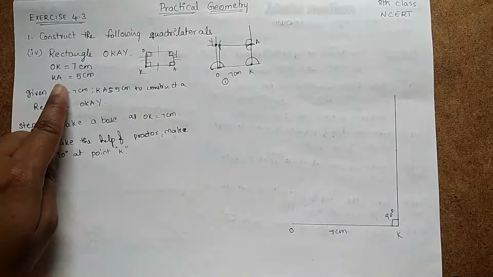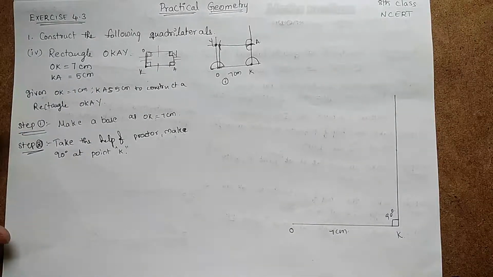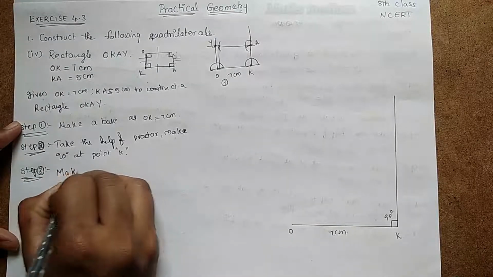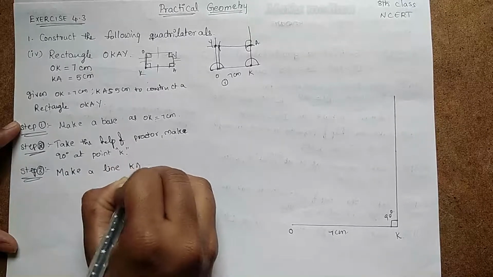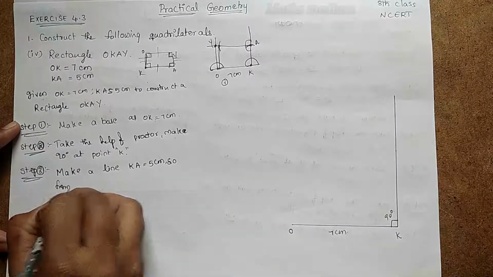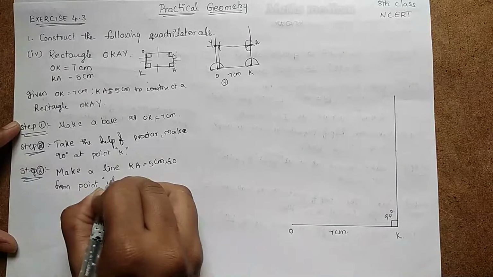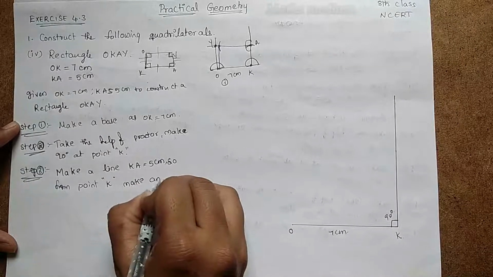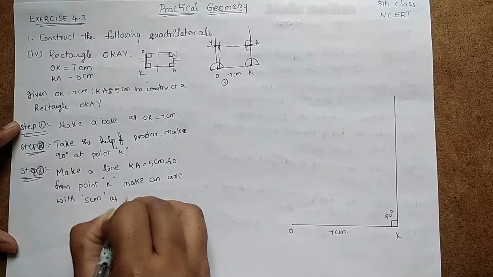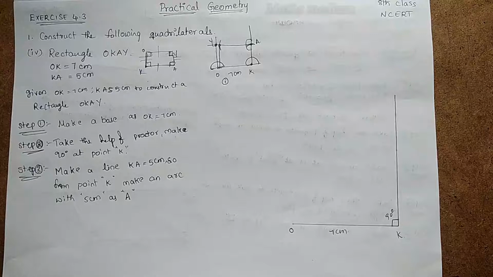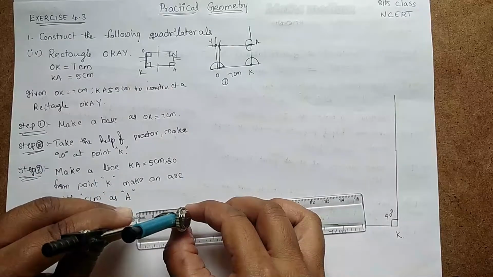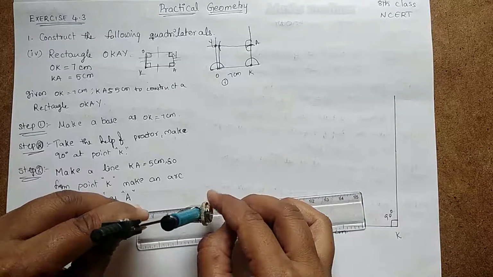Now we know KA is equal to 5 centimeters. So step 3: make a line KA equal to 5 centimeters. From point K, make an arc of 5 centimeters for A. Take the help of a compass and scale and make sure the measurement is 5 centimeters.